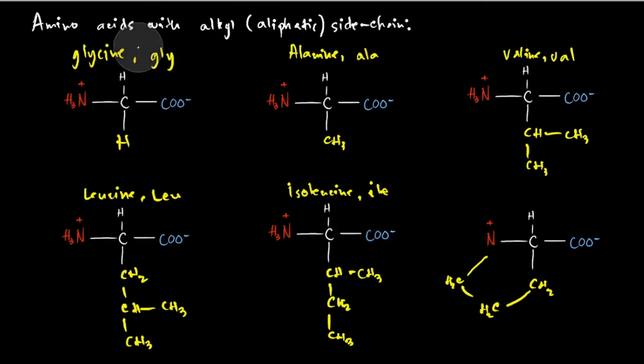So, instead of NH3, we will be having NH. NH lang pala, sorry. So, that is our proline. That is abbreviated as PRO. Okay. So, those are our amino acids with alkyl or aliphatic side chains.